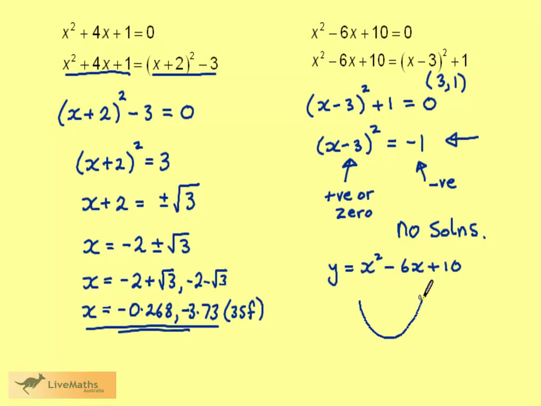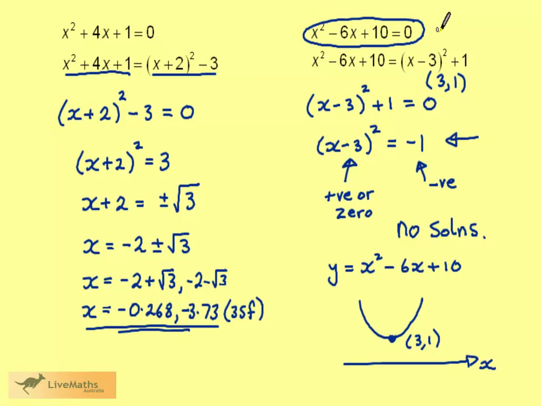If we draw a sketch of the curve, the minimum point here is at (3, 1), which means the curve is always above the x-axis. Remember, the solution to a quadratic equal to 0 gives the points of intersection of the curve with the x-axis, and there are no points of intersection here.